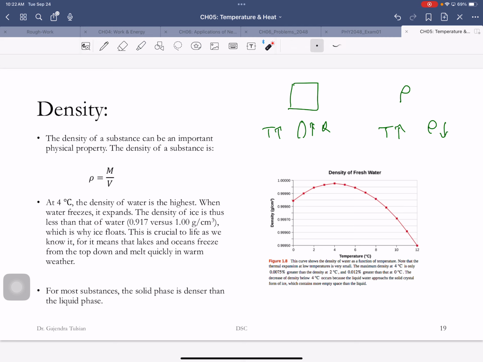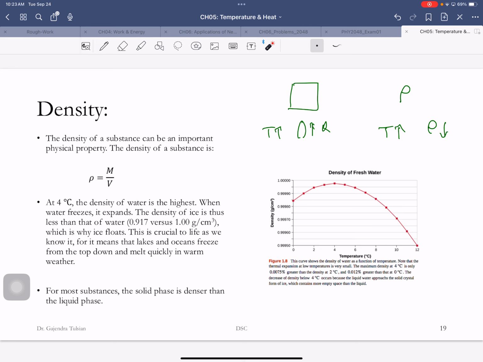Look at this. This is the density of fresh water. In this small window, 0 to 4 degrees, you're raising the temperature. The density should decrease, but for water, the density is increasing, and only in that small window. After 4 degrees Celsius, like every material, as you increase the temperature, the density decreases. Now, this little bump is extremely important.